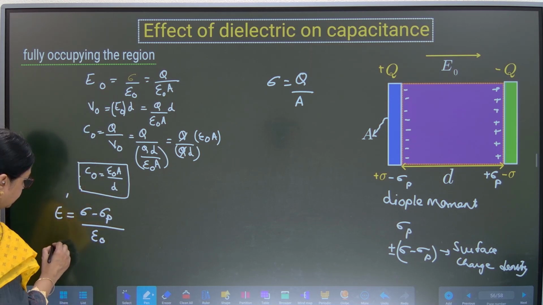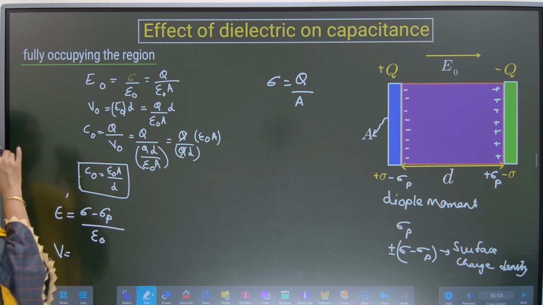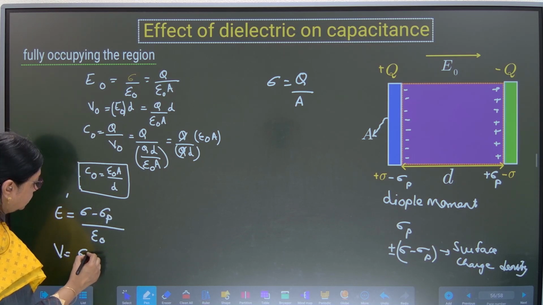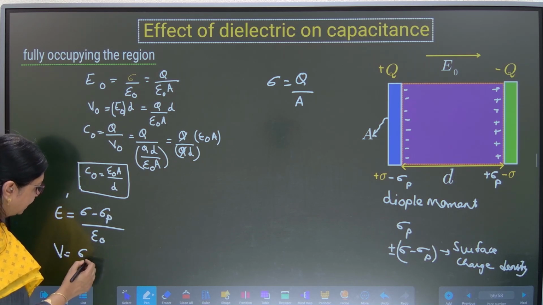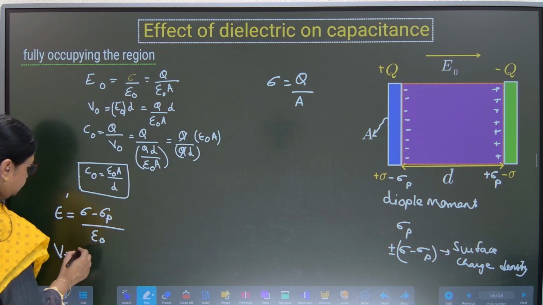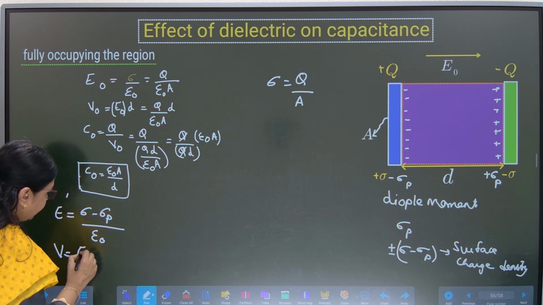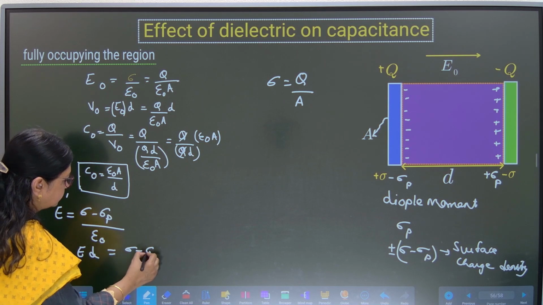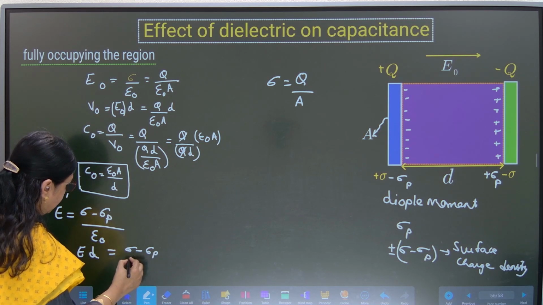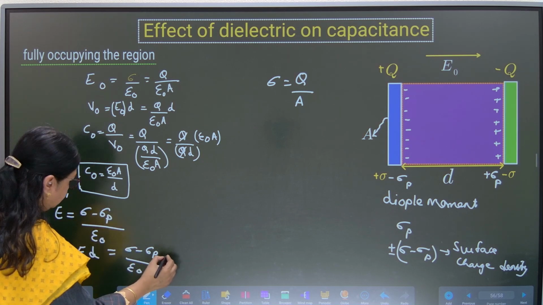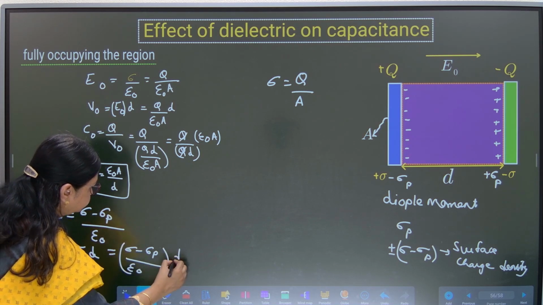Therefore, now the potential difference V is equal to E d, where E is sigma minus sigma p upon epsilon naught, just now I have written, and d.